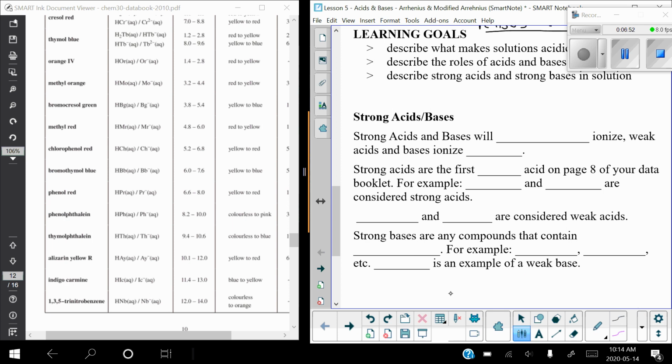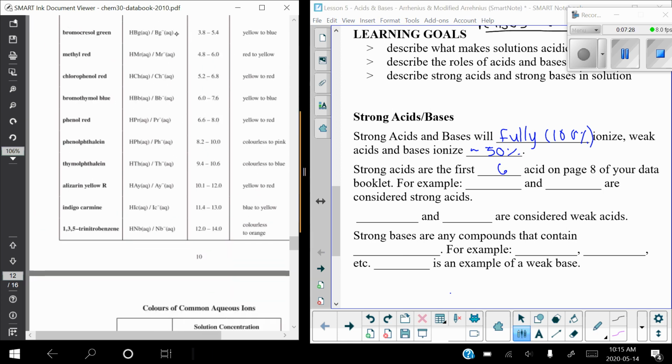Strong acids and bases will fully, 100%, ionize, or dissociate if it is a base. Weak acids and weak bases are going to ionize to approximately 50%. Strong acids are the first 6 acids on page 8 of your data book.